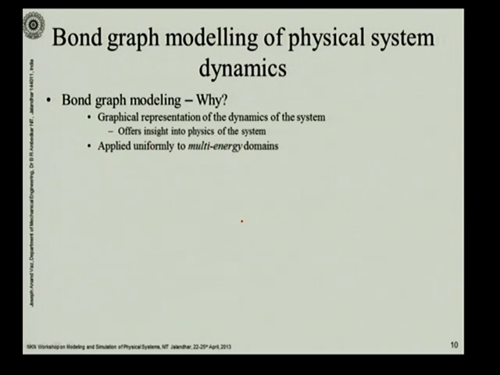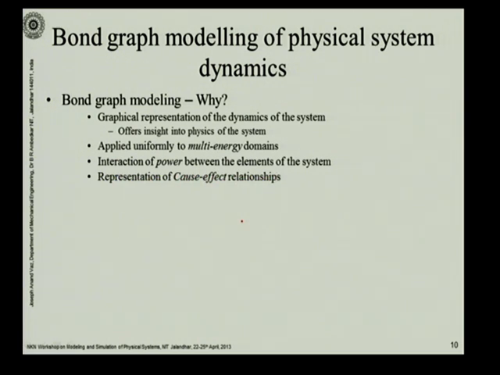Okay? It can be applied uniformly to multi-energy domains. We have already mentioned this. And we can represent the interaction of power between elements of the system. The representation of cause and effect, input and output, is on the graph itself.